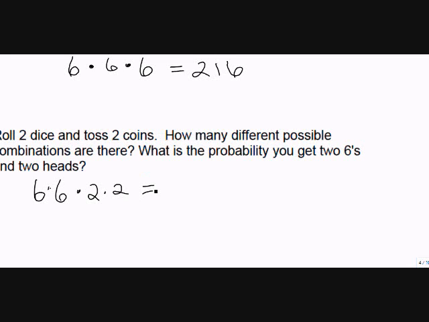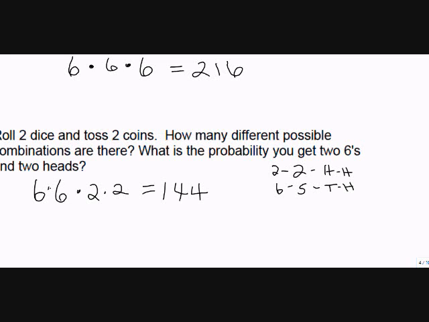So that's 6 times 6 times 2 times 2, which is 144. There's 144 different ways I could have 2 dice and 2 coins. We could have gotten a 2 and a 2 and a head and a head, or a 6 and a 5 and a head and a tail. There's 144 different rolls and tosses here.